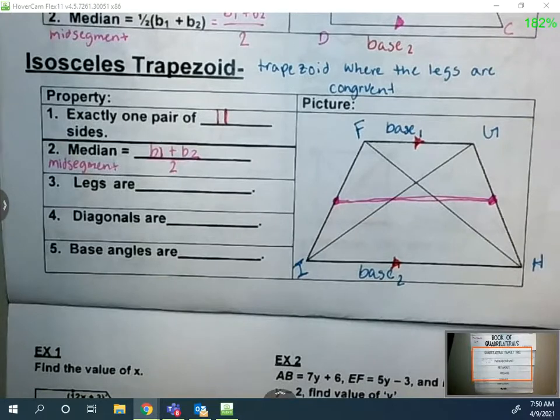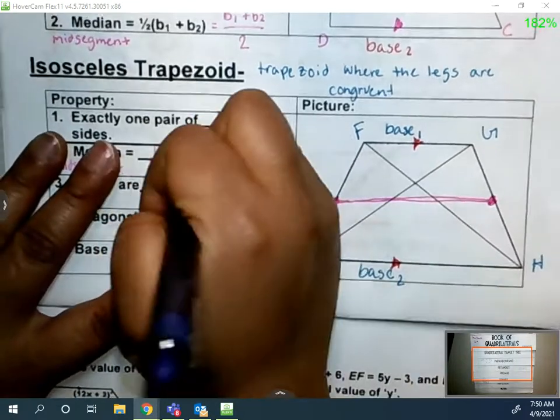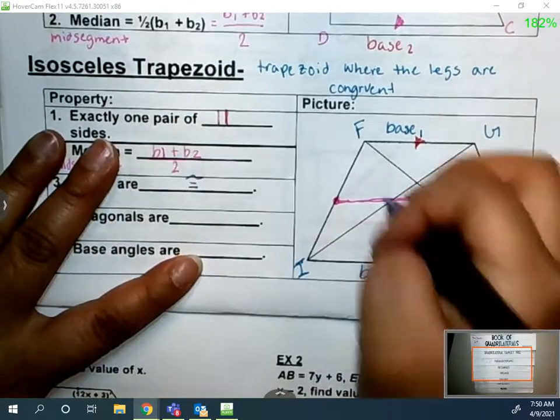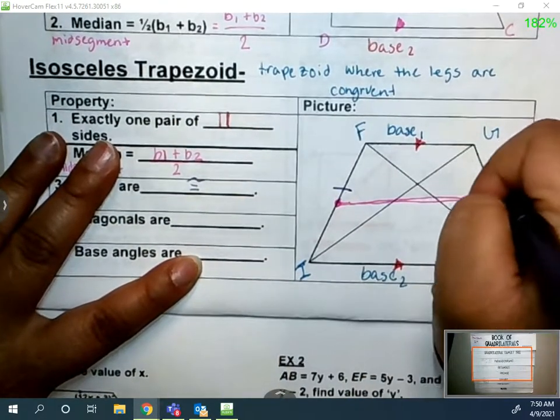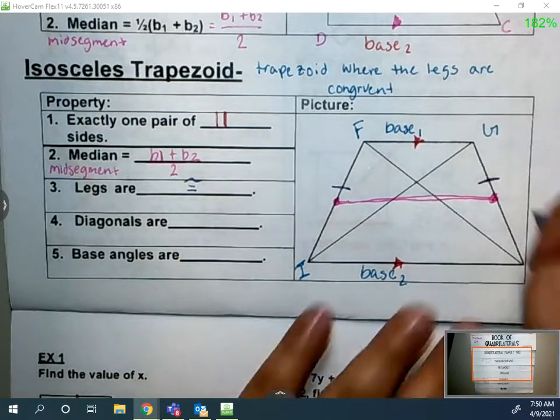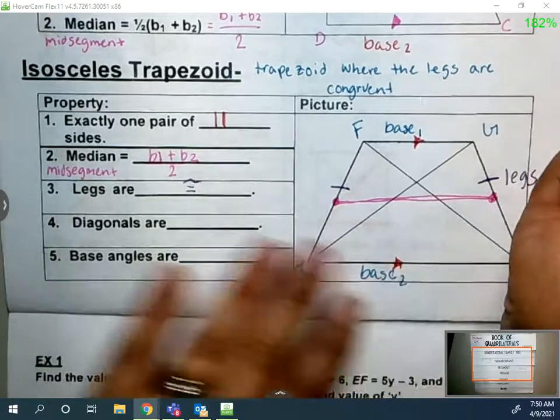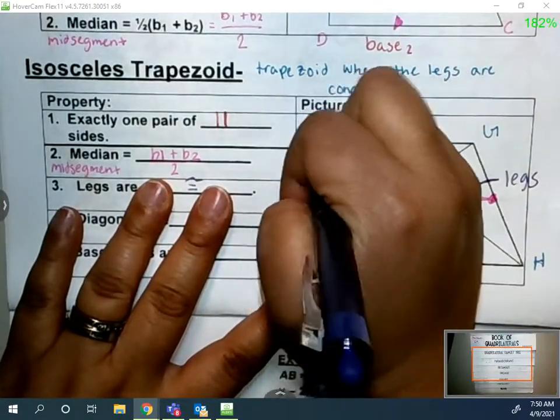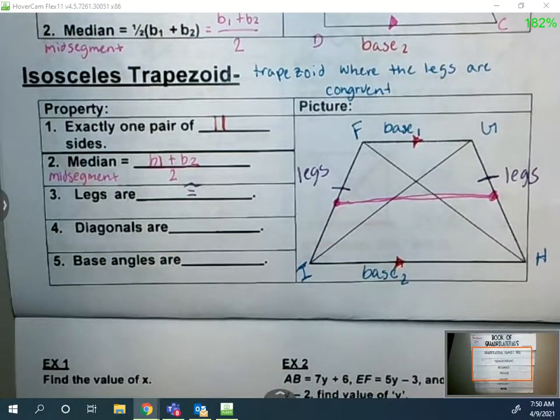So number 3, this is special to the isosceles trapezoid, and that's that the legs are congruent. The legs, FI and GH, are going to be congruent. So here are the legs. Number 4, diagonals are going to be congruent.